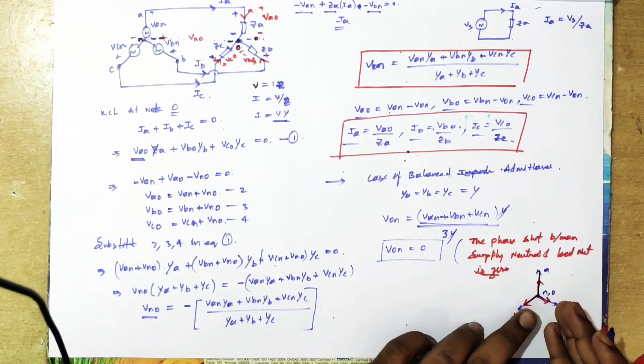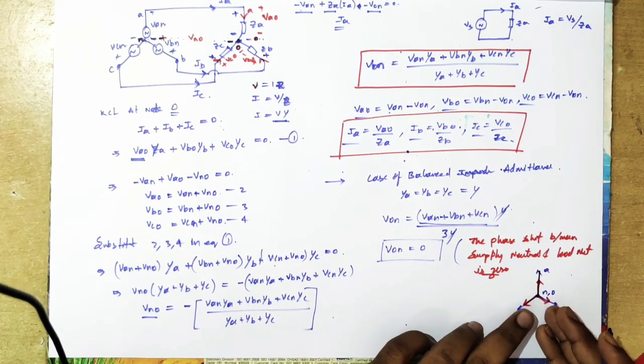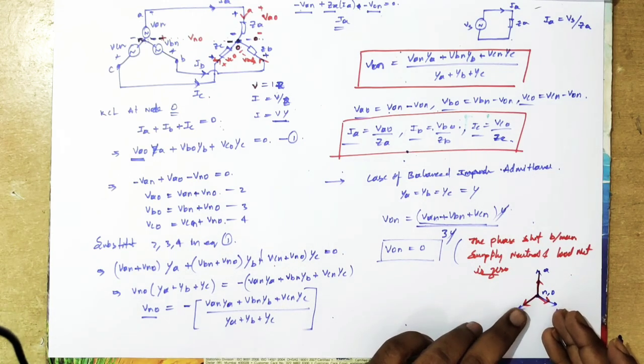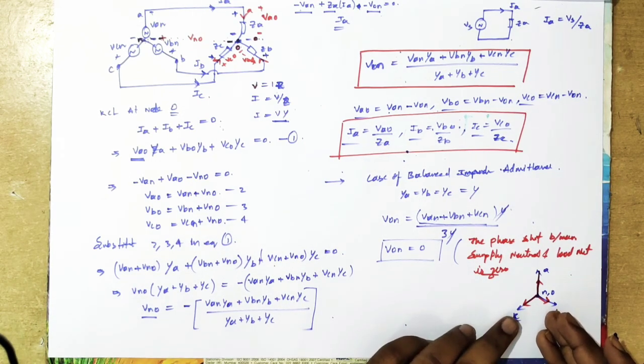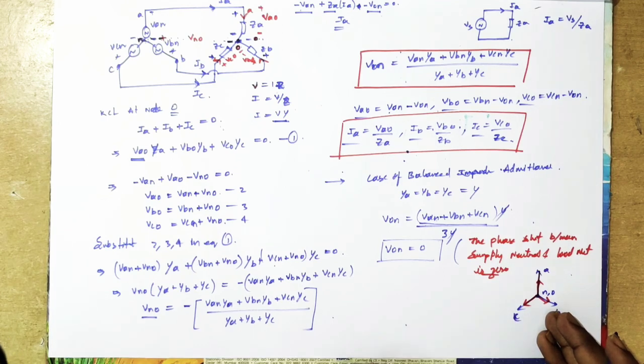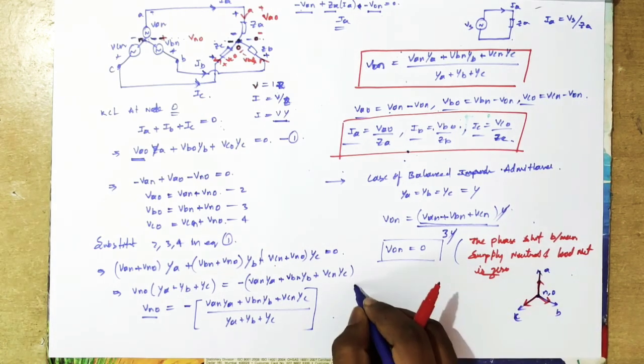But you have to observe that the voltages are not equal. The magnitudes are different, but they have the same phase. So this is one observation.